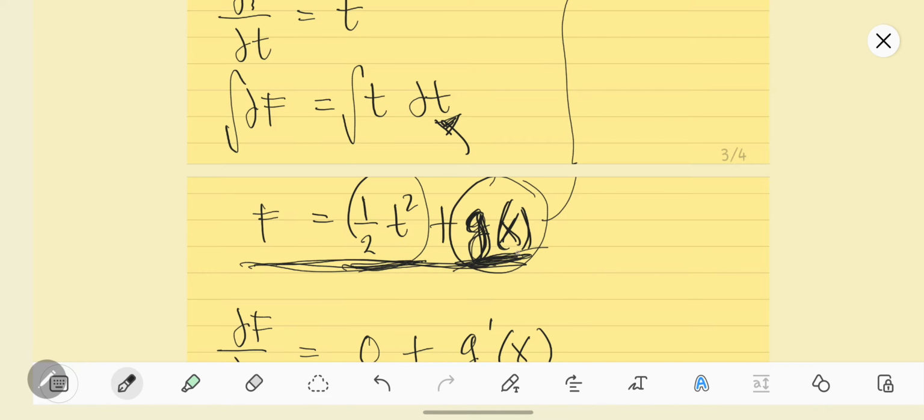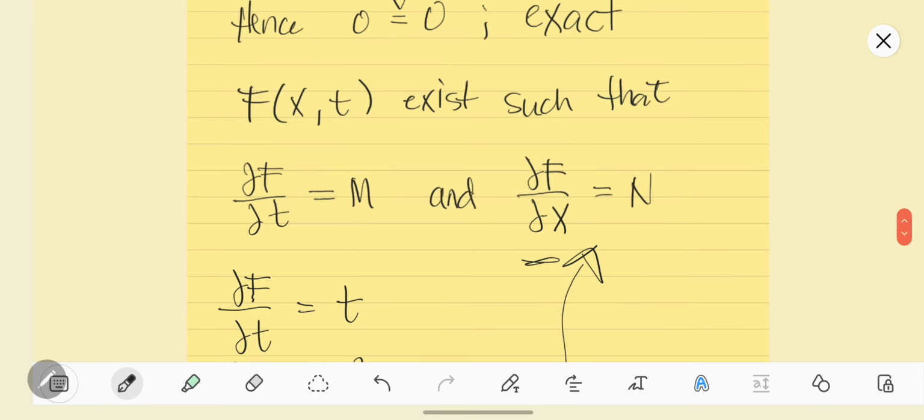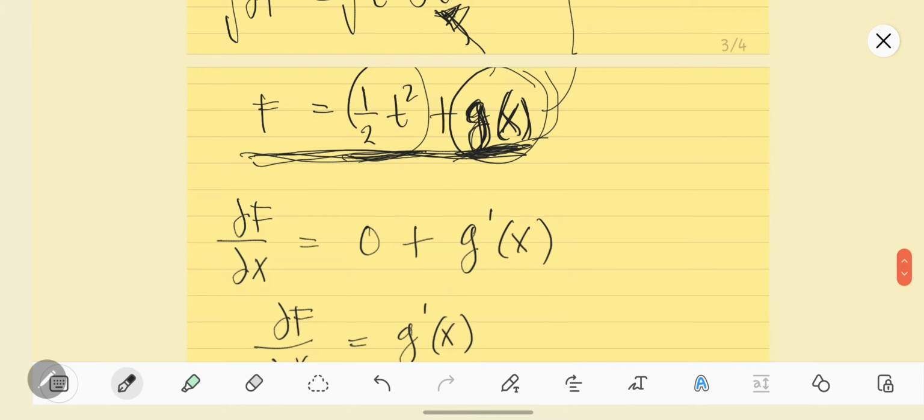We have this g of x, so if we differentiate that, we will arrive at the same equation as before. Then we plug this into n, where the partial derivative of f with respect to x is equal to n.